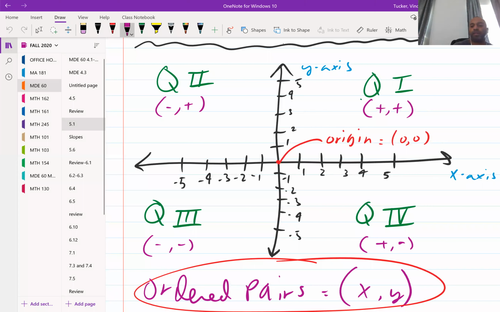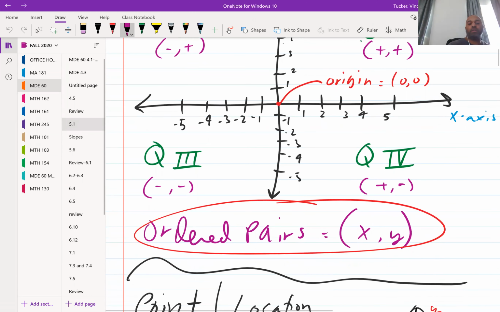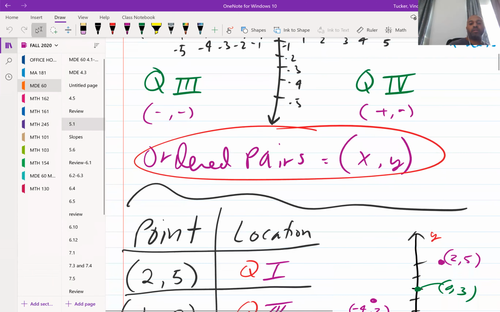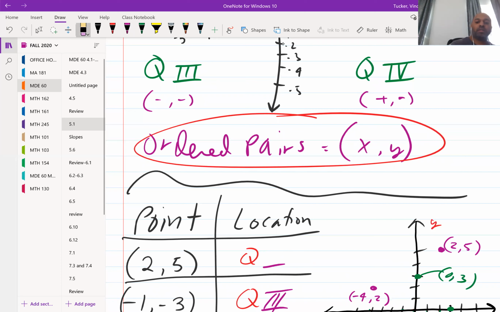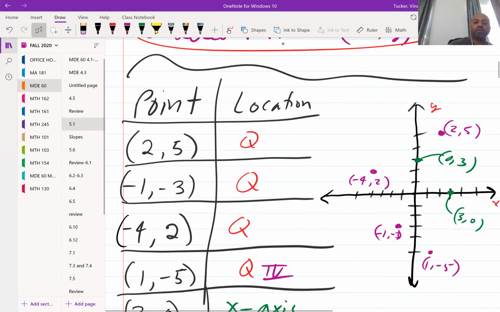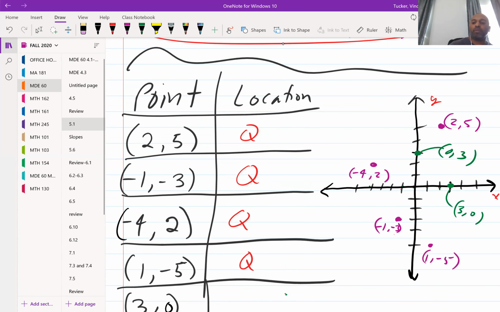Give y'all a chance to finish copying that before we scroll up. All right, so let's erase some of this stuff so we can walk through it.